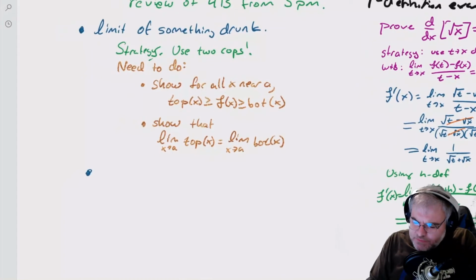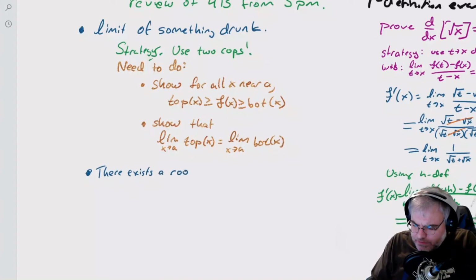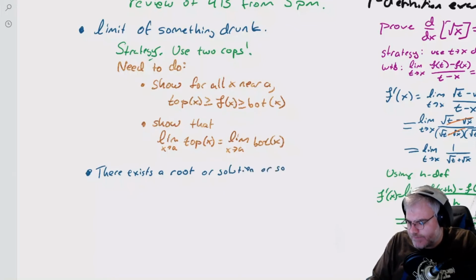All right, the last one that I want to talk about is the continuity proof, using the IVT. So this is, there exists a root or solution, or something like that.